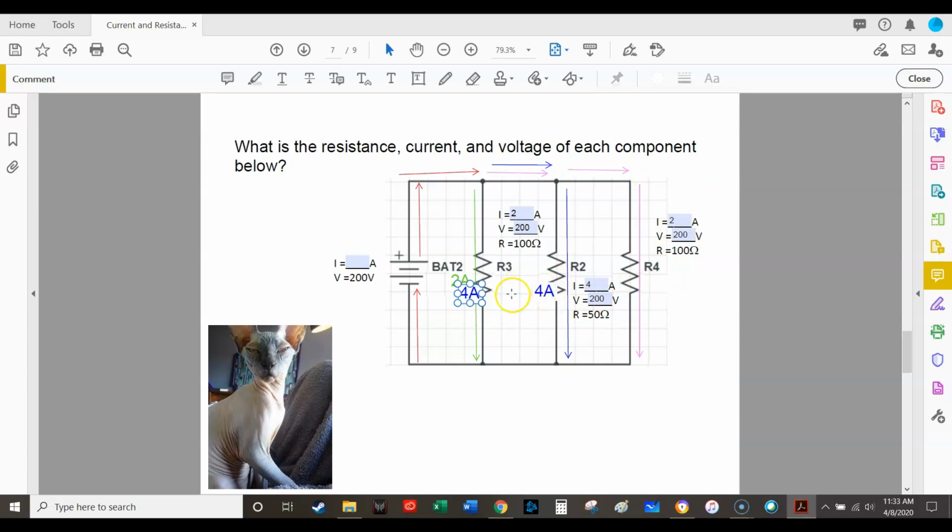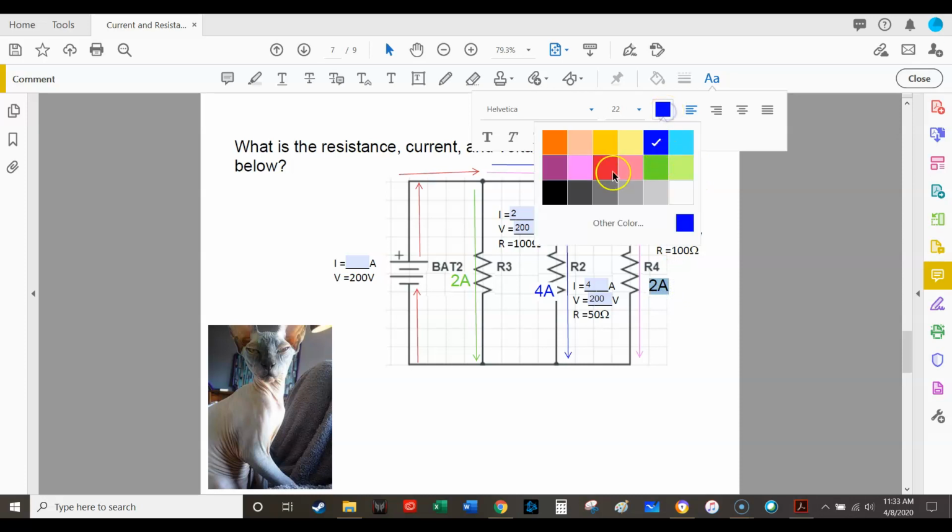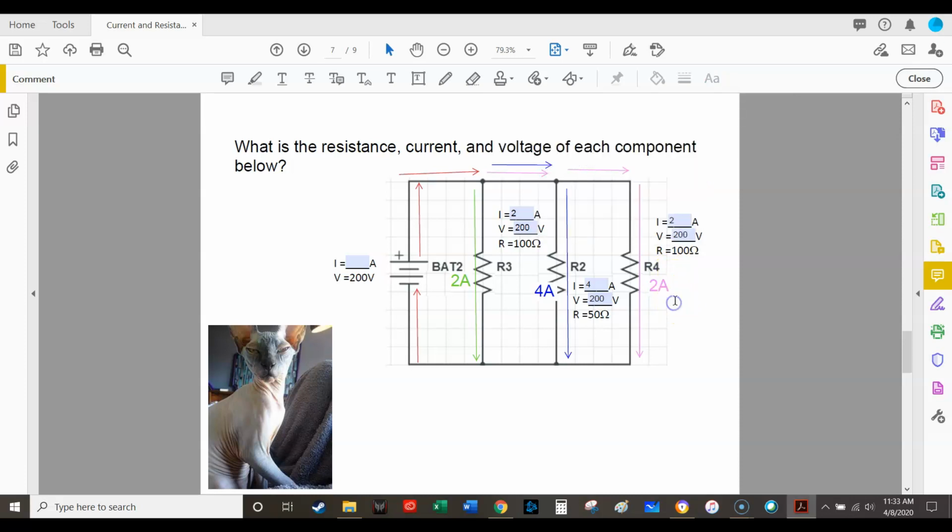And for some reason, that pink current disappeared. So I'm going to call this pink. So let's go ahead and track this.